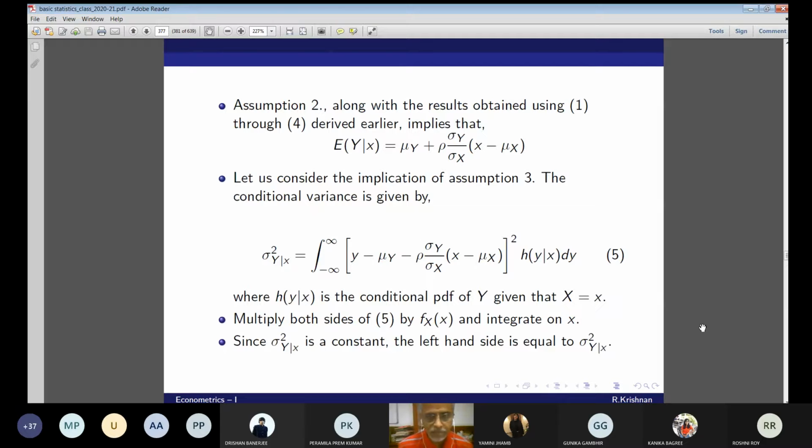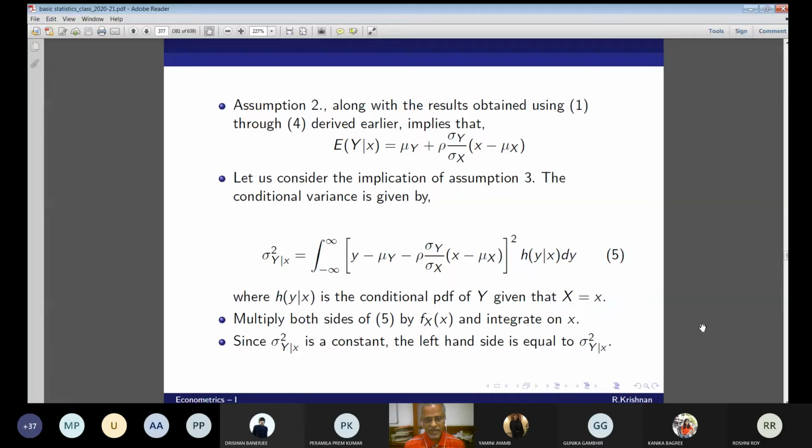Assumption 2, along with the results obtained using 1 through 4 derived earlier. E(Y|x) is equal to mu y plus this, the same stuff with covariance. Okay, let us consider the implication of assumption 3. The conditional variance is given by this, where h(y|x) is the conditional PDF of Y given that X is equal to x.